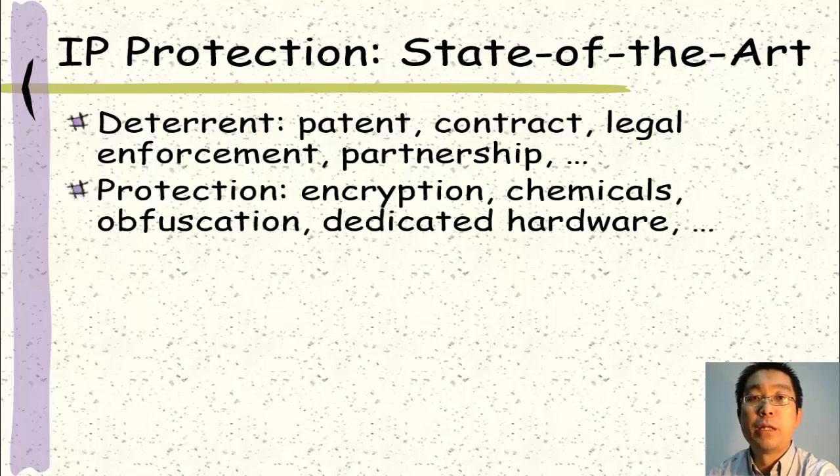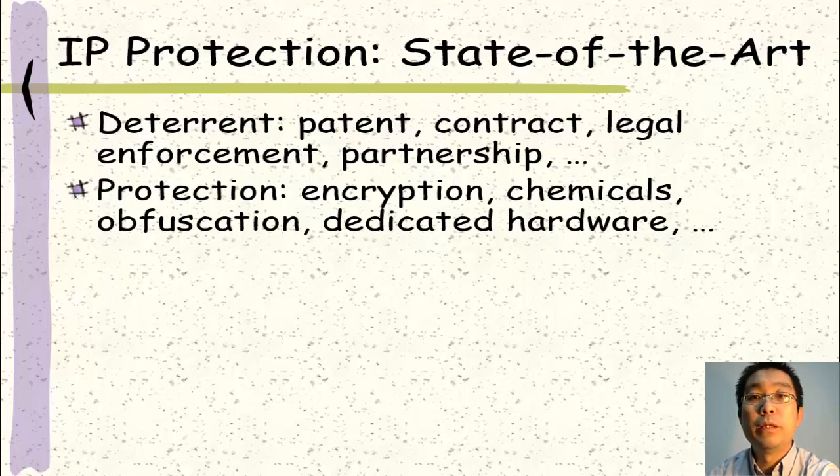Protection mechanisms, on the other hand, use means such as encryption, chemicals, obfuscation, and dedicated hardwares to prevent unauthorized access to the IP. Standard encryptions can be applied to protect the design IPs. For example, both Xilinx and Altera have offered encryption on their FPGA boards.